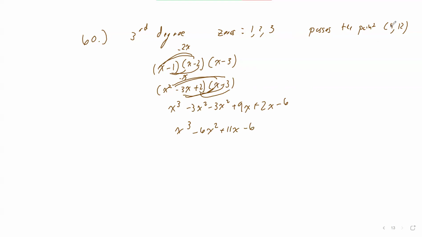But I wanted to go through the point 4, 12. So what that tells me is for my x to be 4, it needs to equal 12. All right, so let's do it this way, because this is currently when it's equal to 0.